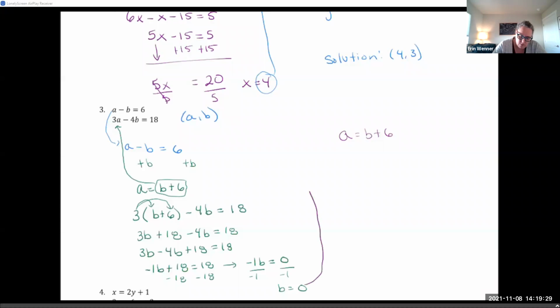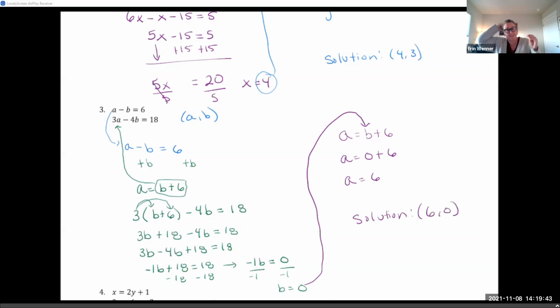So we'll take 0, plug it in for B, and get A equals 0 plus 6. Therefore, A equals 6, and our solution is (6, 0). The reason it's (6, 0) is that our variables go in alphabetical order in our ordered pair. Therefore, A comes before B.